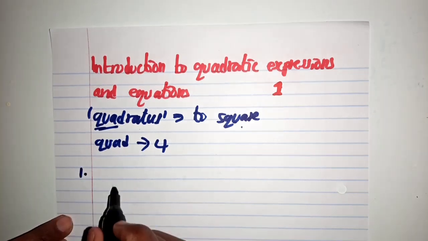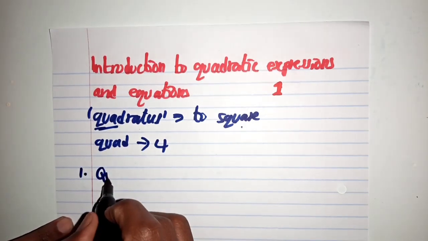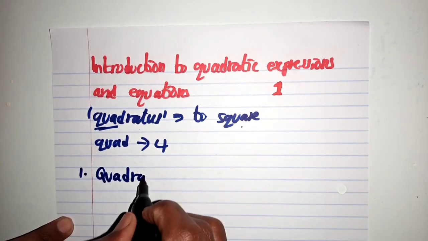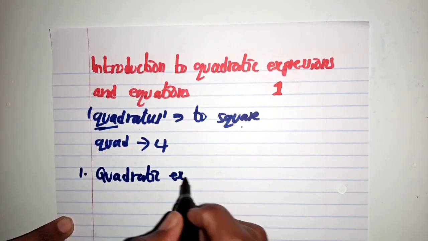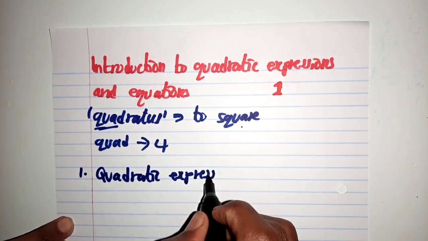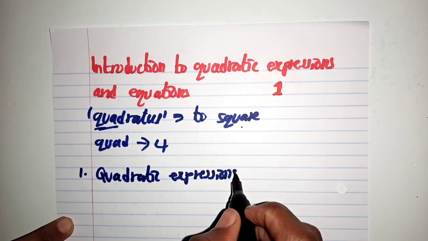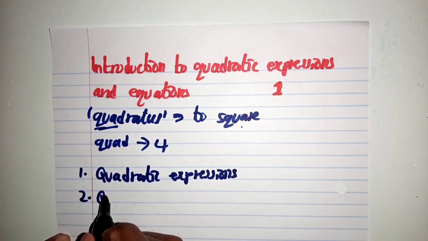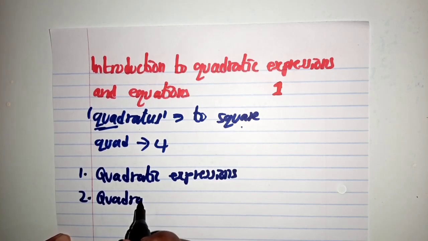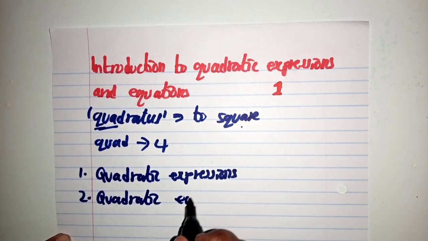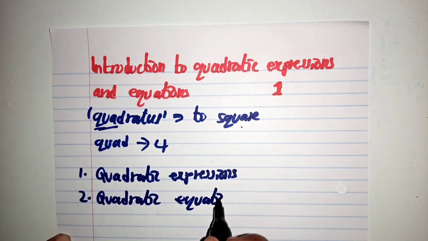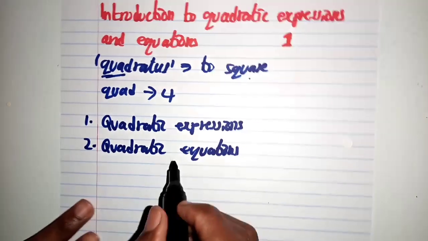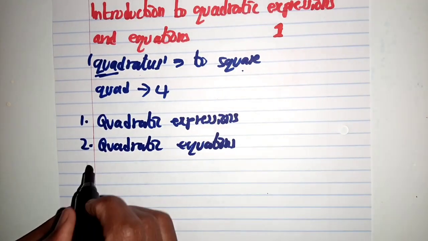Number 1, we are going to look at quadratic expressions. Number 2, we are going to look at quadratic equations. Then number 3, we are going to look at expansion.